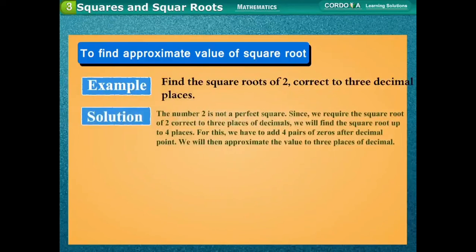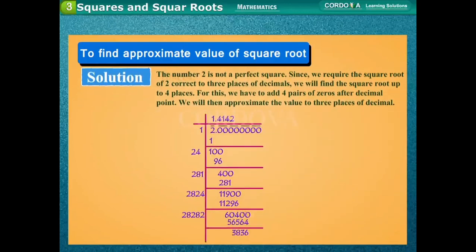Find the square root of 2 correct to 3 decimal places. Solution. The number 2 is not a perfect square. Since we require the square root of 2 correct to 3 places of decimals, we will find the square root up to 4 places. For this, we have to add 4 pairs of zeros after the decimal point. We will then approximate the value to 3 places of decimal.